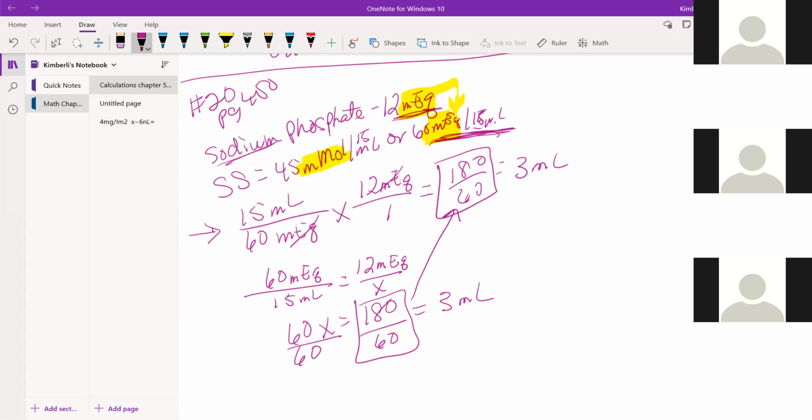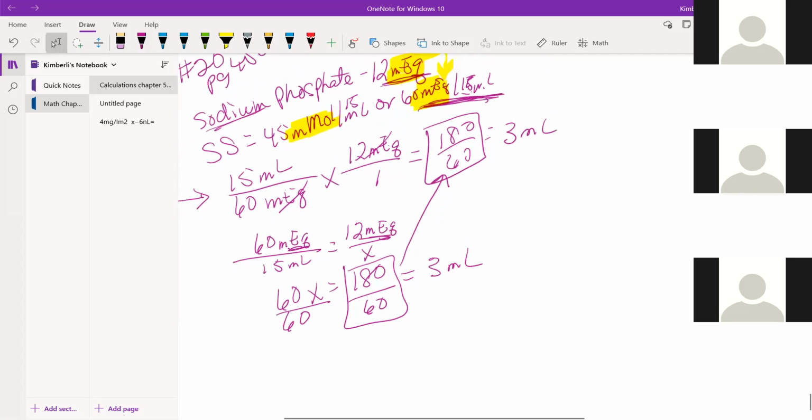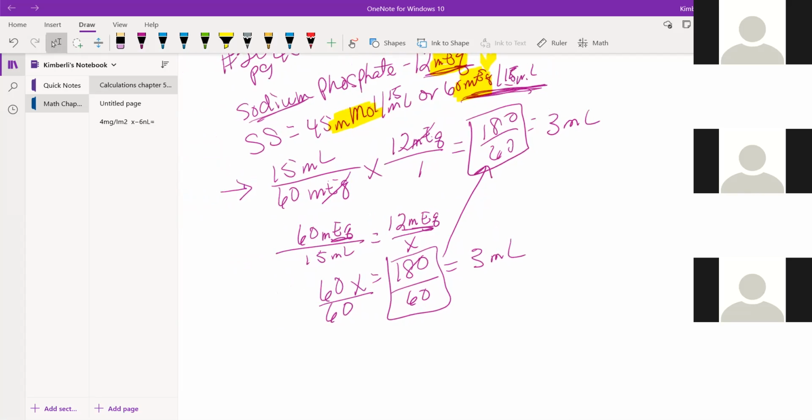Whereas this, you can only compare milliequivalents to milliequivalents. So it's great for dosage calculations, but if you're trying to do some more complicated problems, you would have to do 3 or 4 of these ratio and proportions. And if you use dimensional analysis, you could set it all up in one problem. Okay, so that's why I use a lot of dimensional analysis.